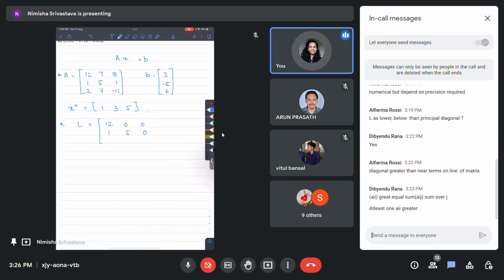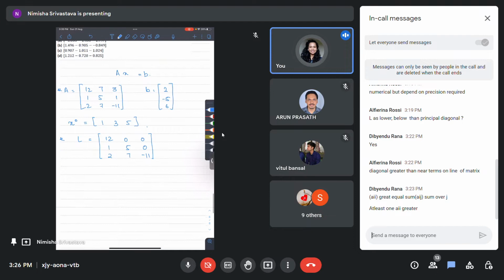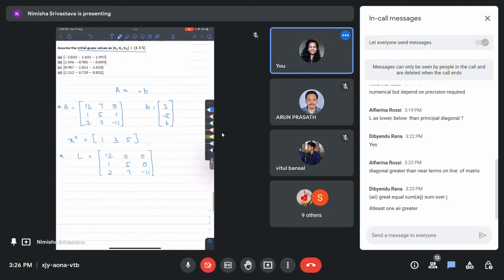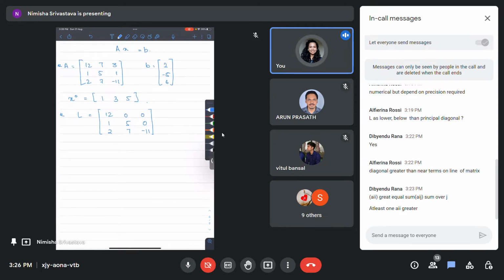Can you invert this matrix for me? We invert it because it will make our job easier while writing the mathematical equations. We don't actually need to do it in the computational form, but right now since we're doing everything by hand, it's better to invert it. Please give me the value for L inverse.